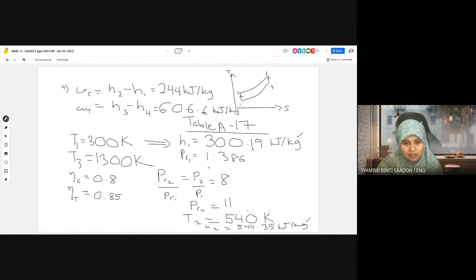Starting from the turbine inlet temperature 1300 Kelvin, you search for H3, PR3, and the ratio, and then PR4, T4, H4. Then for the back work ratio, it is the compressor work over the turbine work. So we get a back work ratio of around 0.4.